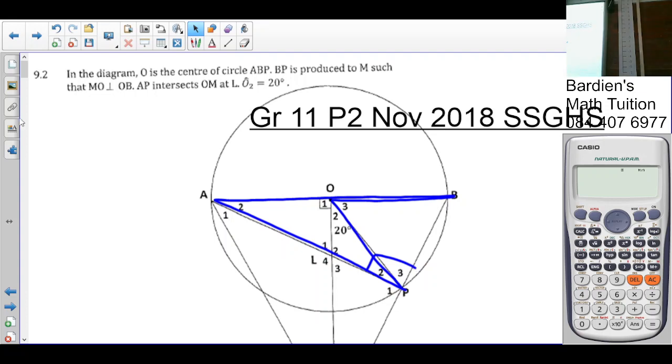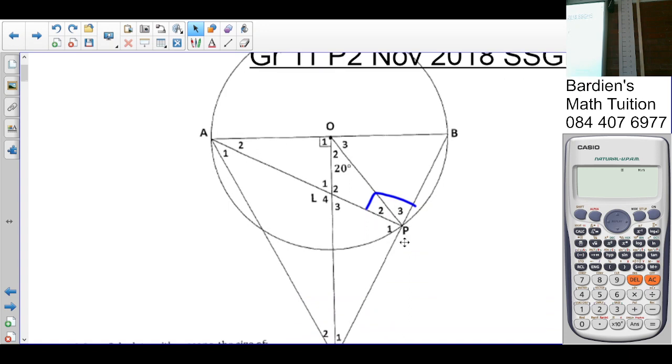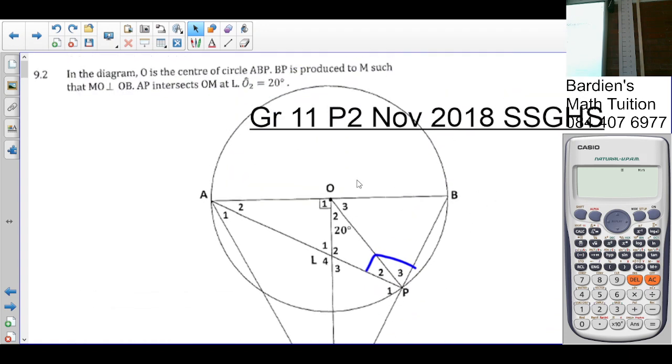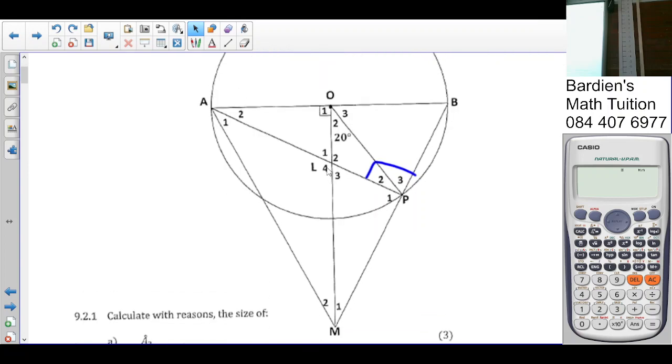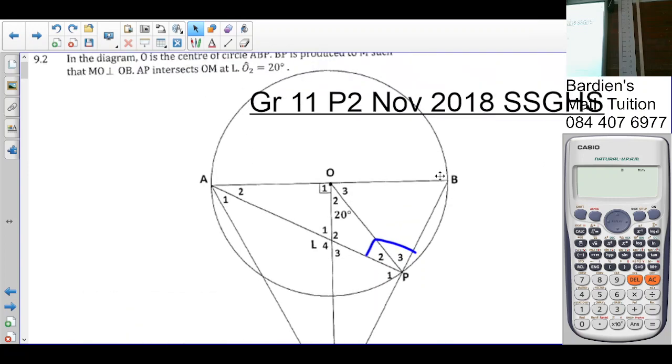Then we are told that in circle ABP, BP is produced to M such that OM is perpendicular to AB.